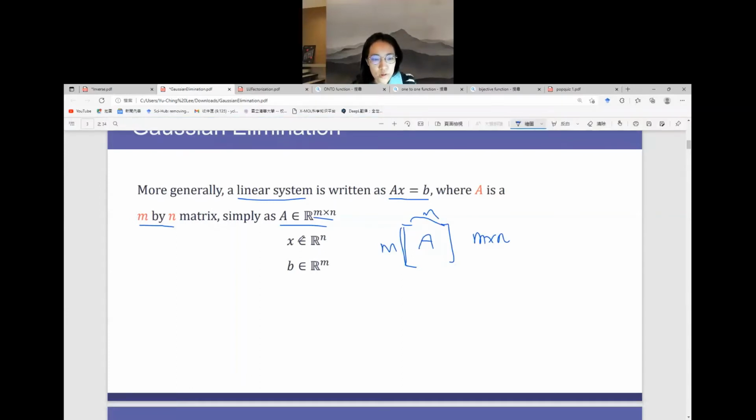To be more rigorous, we can also write x belongs to R^n, so the size of x is n, and the size of B is m.